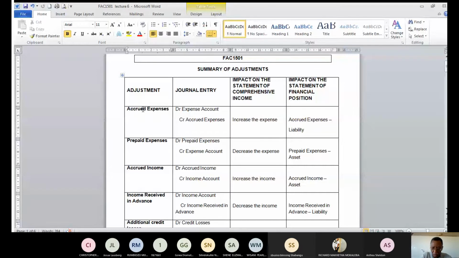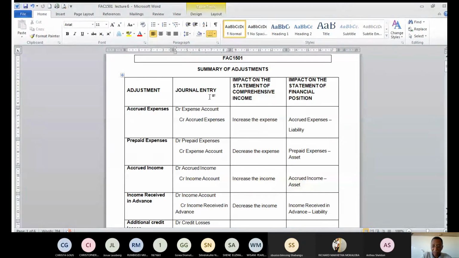So if you want to record the adjustment for accrued expenses in the books of the business, you will debit the expense account, and you will credit your account accrued expenses. So if it was salaries and wages that was not paid, debit salaries and wages. If you didn't pay water and electricity, debit water and electricity. Those are the two accounts involved.